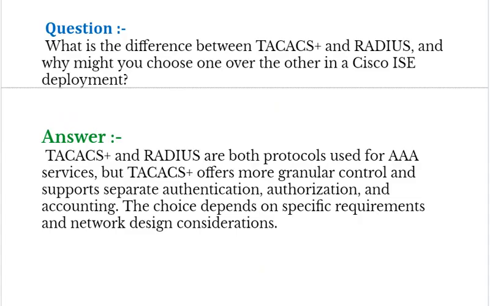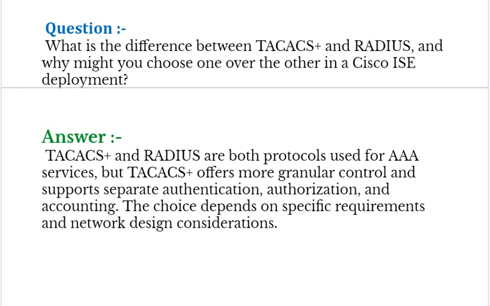Our interview question based on Identity Services Engine is: what is the difference between TACACS+ and RADIUS, and why might you choose one over the other in a Cisco ISE deployment?